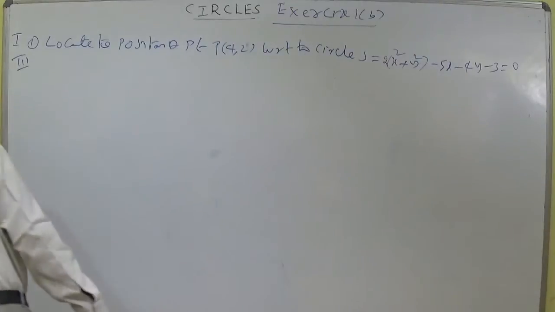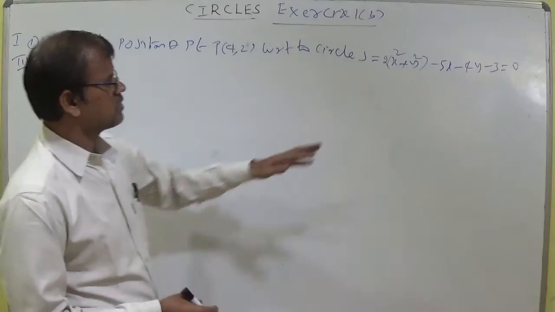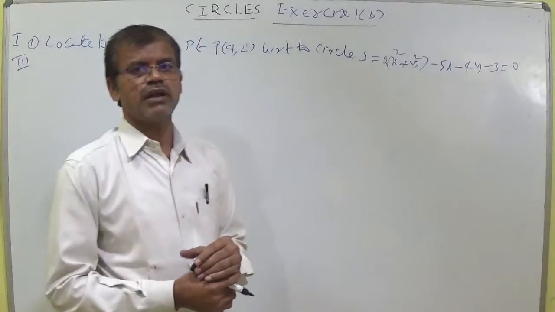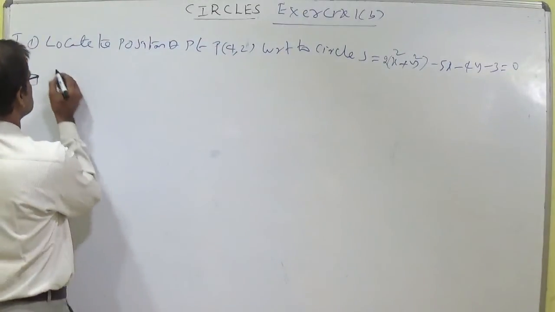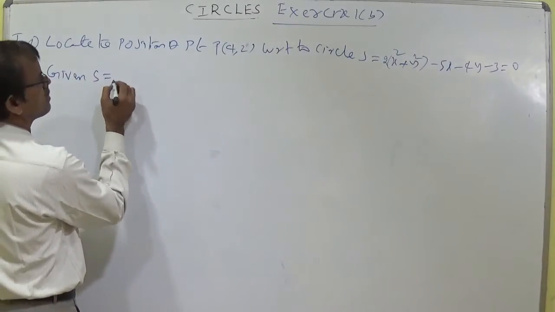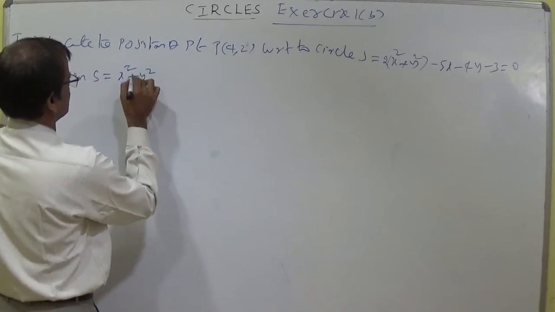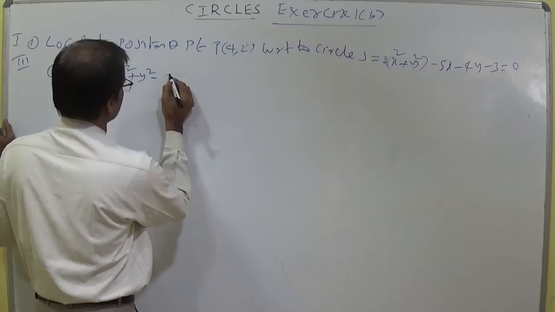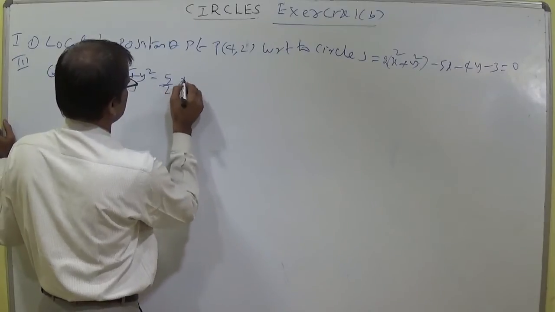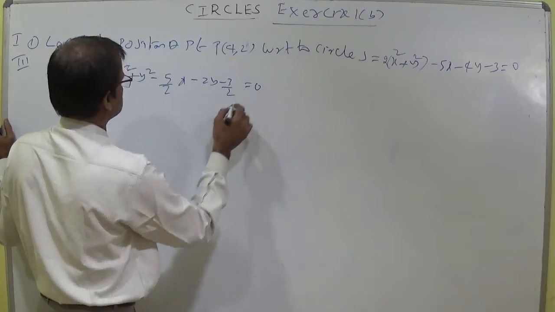Whenever the x square coefficient is anything other than 1, you should divide by that number. It is called standardization. Here, divide by 2: x square plus y square minus 5 by 2 x minus 2y minus 3 by 2 equal to 0.